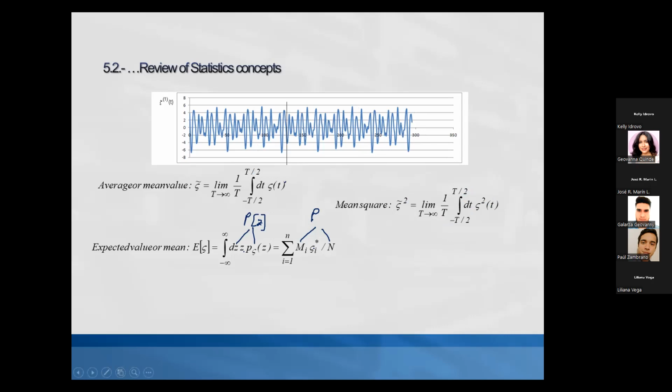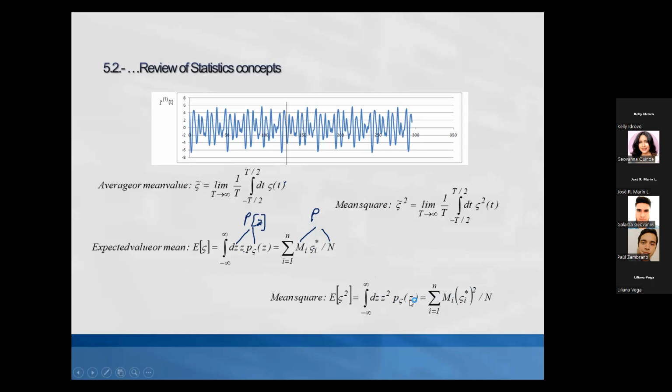Again, it's not very common that you have a random variable and you know the exact function zeta of time. So what we usually do is we have a time histogram, and in that case we could apply this formulation in order to approximate this.